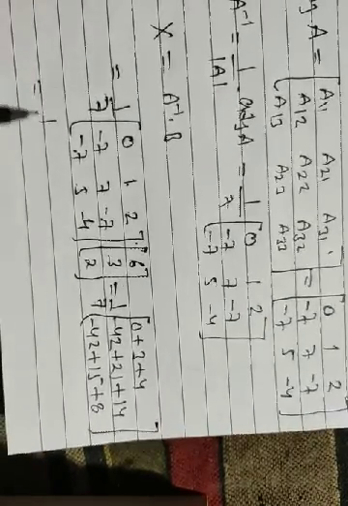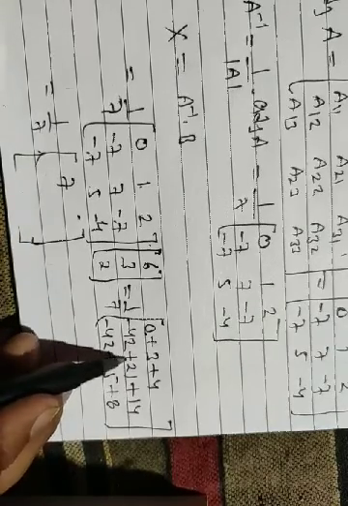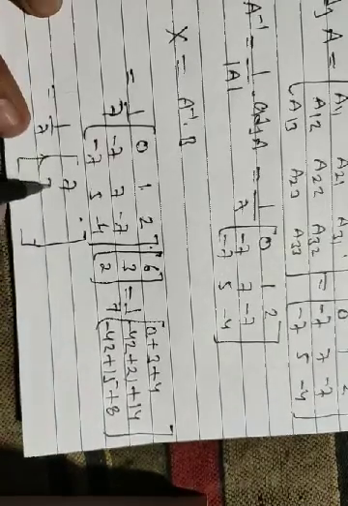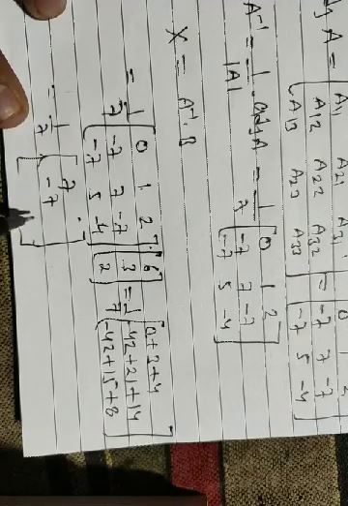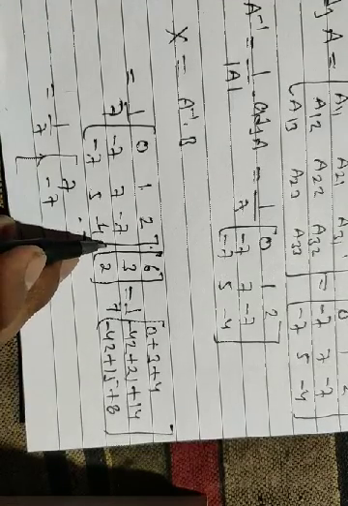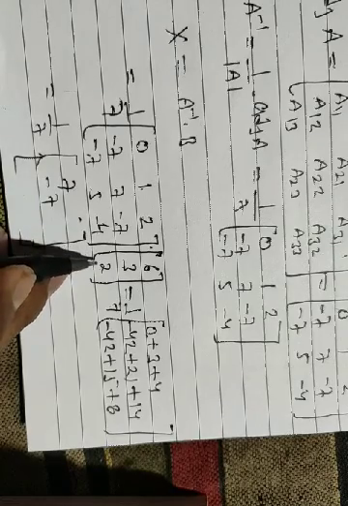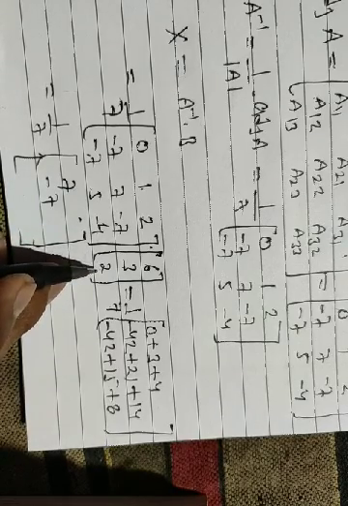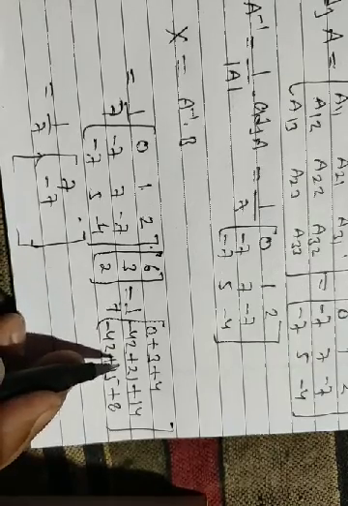Then we have 1 by 7, and I'm going to find the values there. 0 plus 3 plus 4, we get 7 here. Minus 42 plus 21 minus 21 plus 14, we get minus 7 here. Minus 42 plus 21 plus 14.